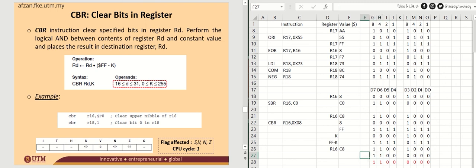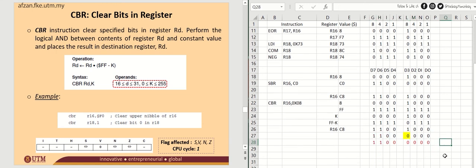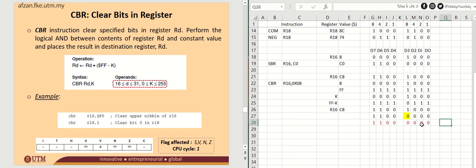See? Your bit 3 is now cleared, while the rest of the bits are similar to what we expected, our expected output down here. So this is what the CBR does.